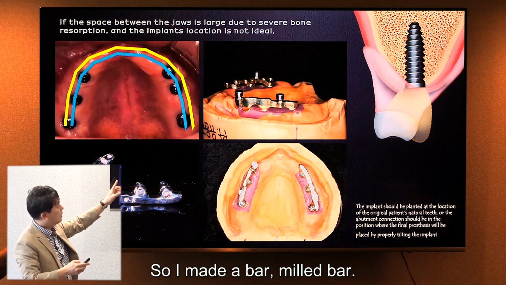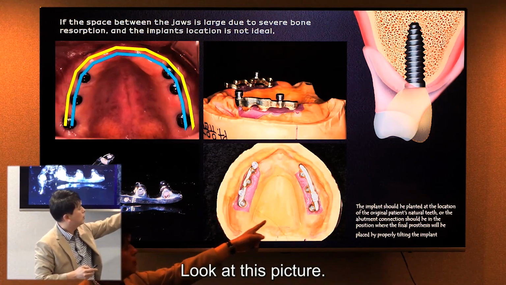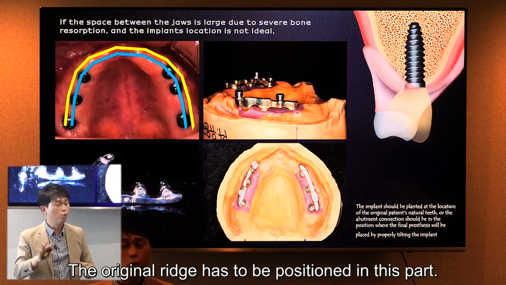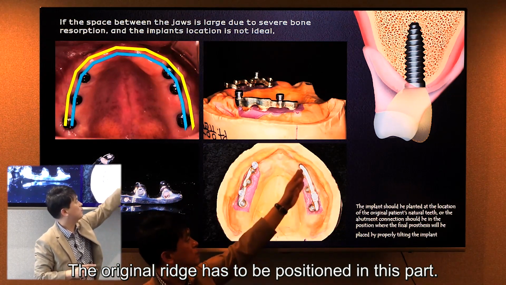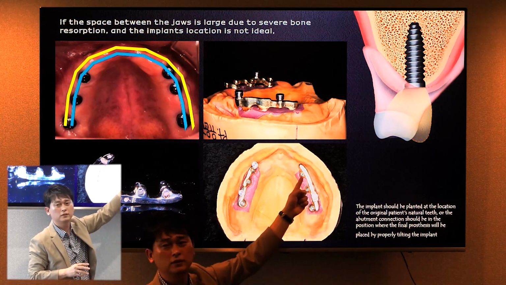So I made a bar, a build bar. Look at this picture. A build bar means the artificial ridge. The original ridge had to be positioned in this part, but the implant was positioned palatally like this.